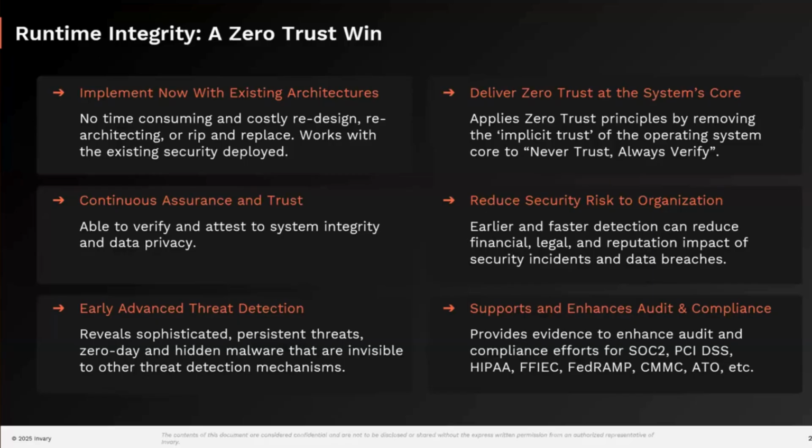And you don't have to worry about rip and replace, right? It's an additive capability that can be layered into wherever you're at today in your zero trust journey, but it's going to significantly improve the zero trust principles of whatever your deployment is, even if you're not intentionally meaning to do something zero trust.